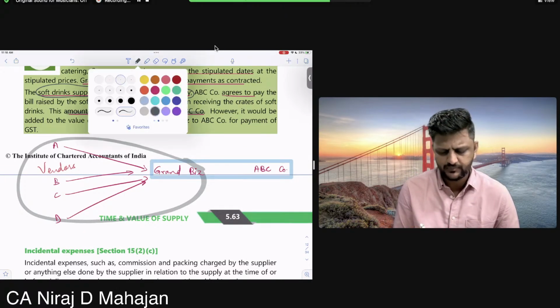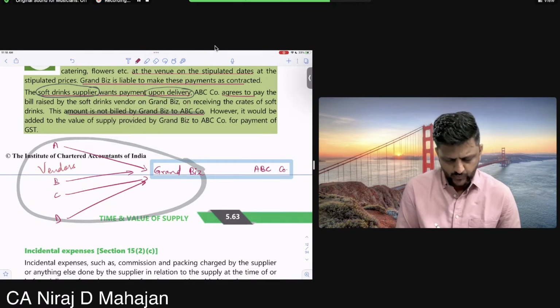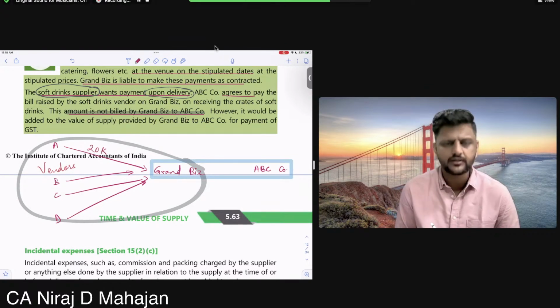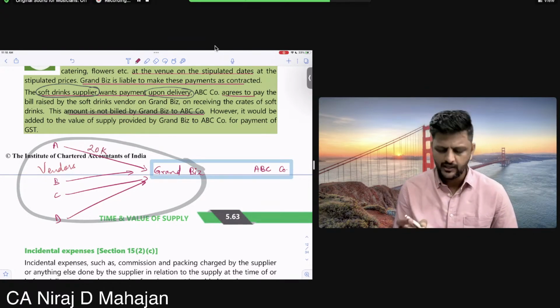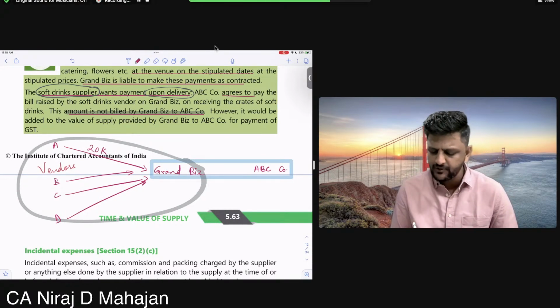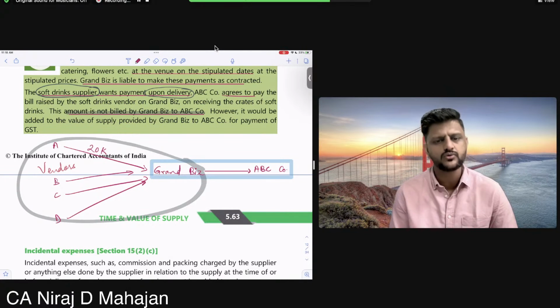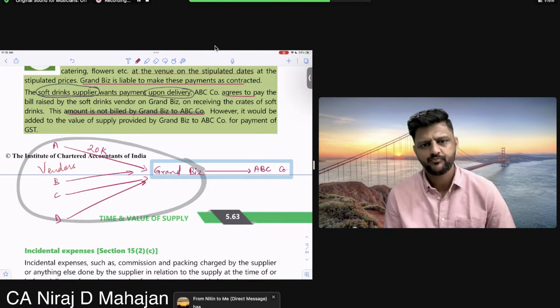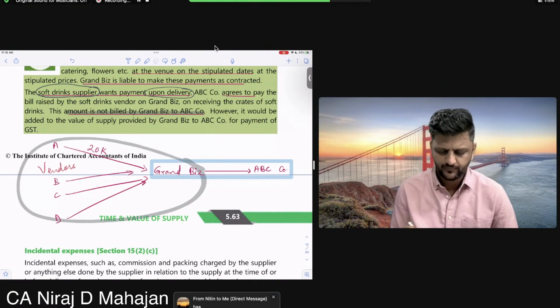So for the sake of example, if this soft drink vendor had raised an invoice of 20,000 on Grandbiz, and if Grandbiz had made payment to A, then logically Grandbiz would have also added that amount of 20,000. Yes or no? But what is happening?